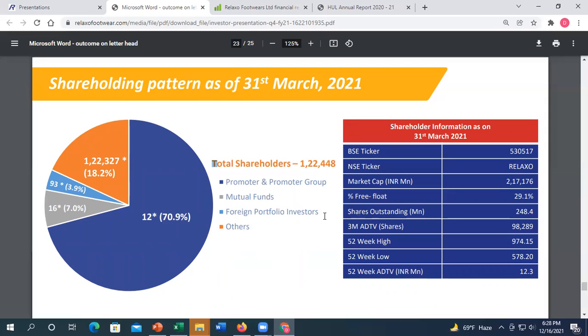So we can see that Relaxo has been doing well in accounting terms, generating profits year after year, and the earnings per share has been rising, the equity has been rising, profit after tax has been rising. But what about the market? Let us see the market.